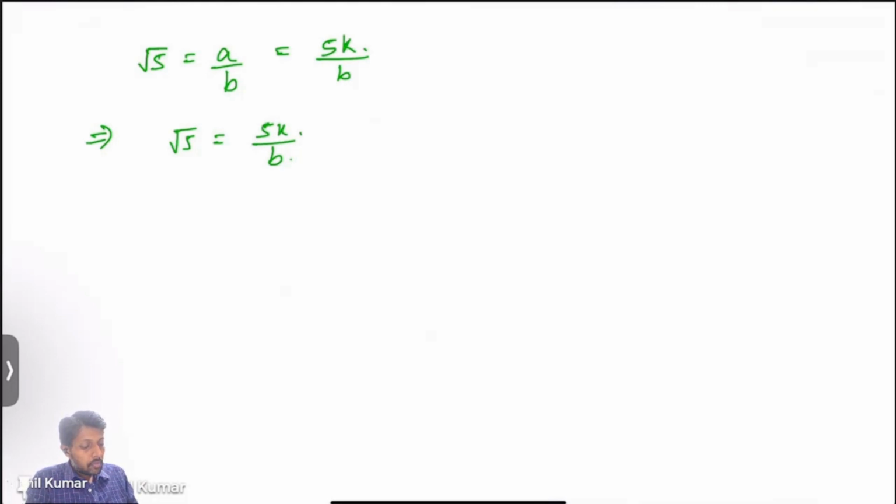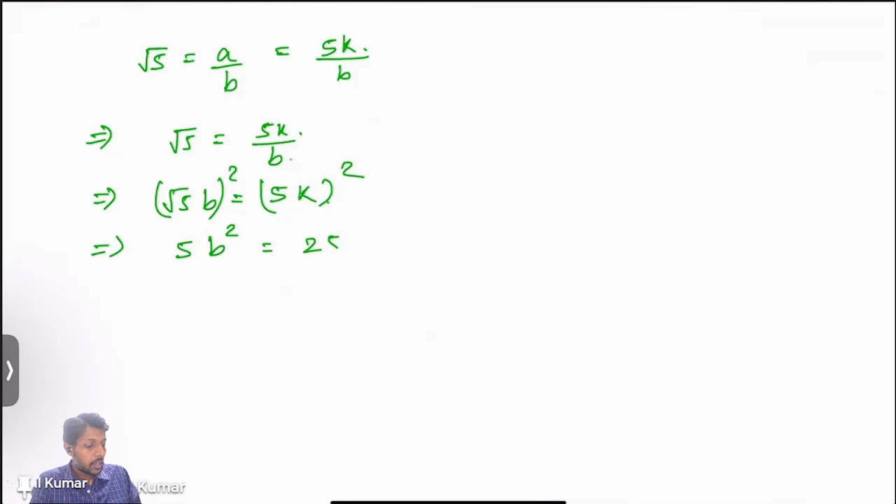So b goes to this side, root 5 comes to that side. So you can write root 5b is equal to 5k. Again, square both the sides. What you get is 5b square is equal to 25k square. This 5 cancels and comes here. So b square is equal to 5k square.